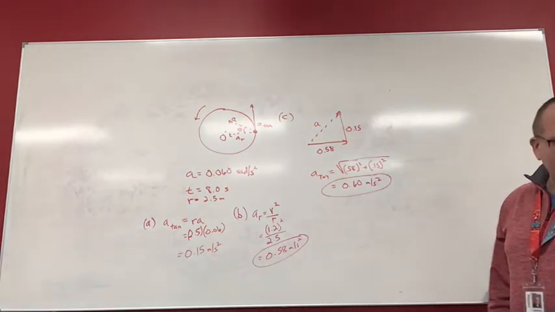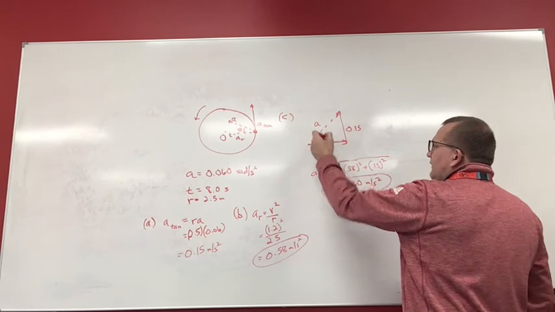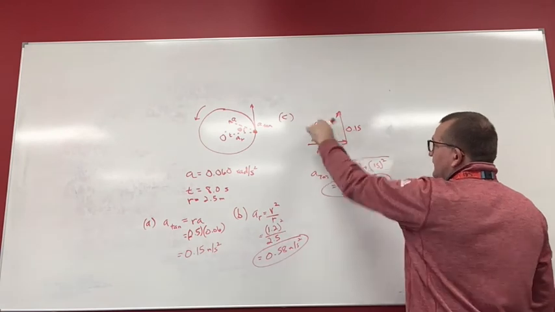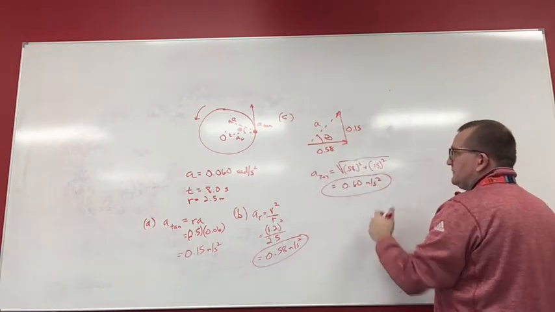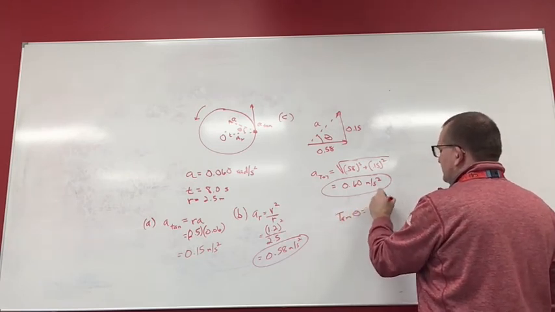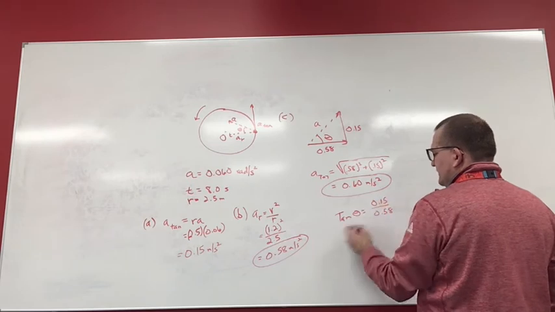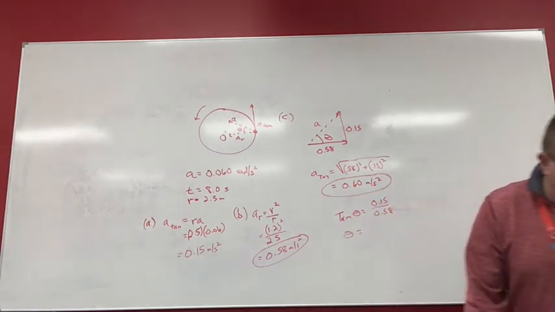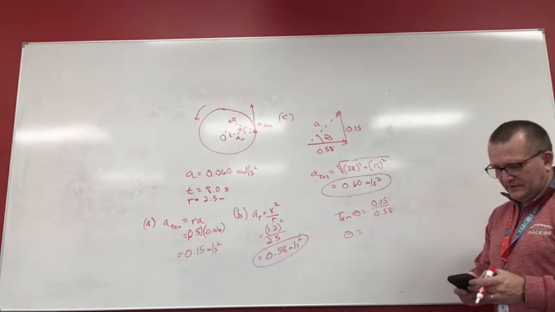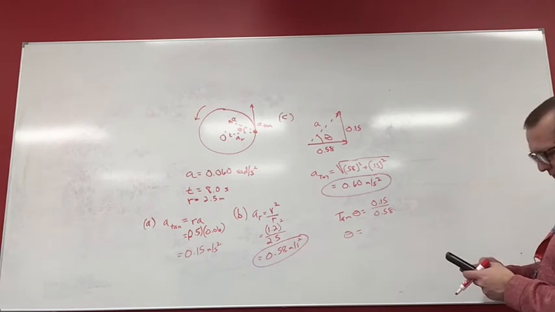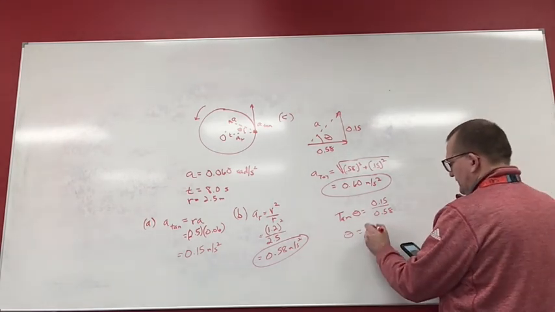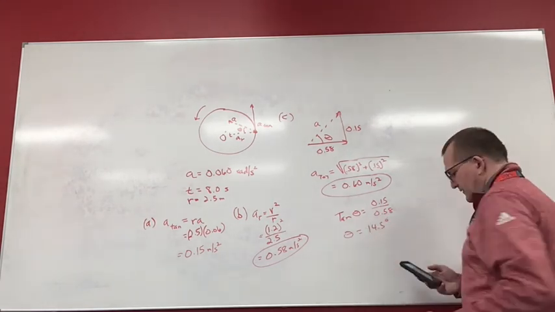Now if I wanted to get a direction to that, I would just find theta. Once I know these, I could use any of them. I'm going to use tangent, so the tangent of theta is opposite over adjacent. Take the arctan of this, and you should get 14.5 degrees.